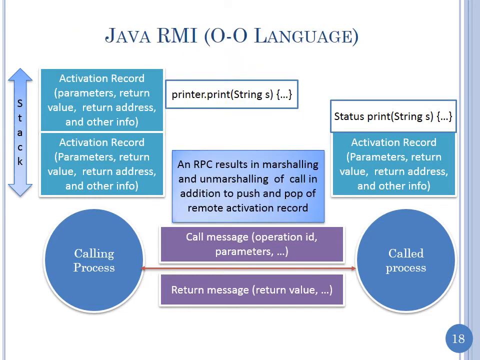And in RMI, the printer.print is again a stub procedure in a stub object. Since this is an object-oriented language, we not only have a stub procedure, every procedure is executed as part of some object. So there's a real object at the other end on which you want to invoke a method, and you have a stub or proxy object at the local end in which you call the procedure.